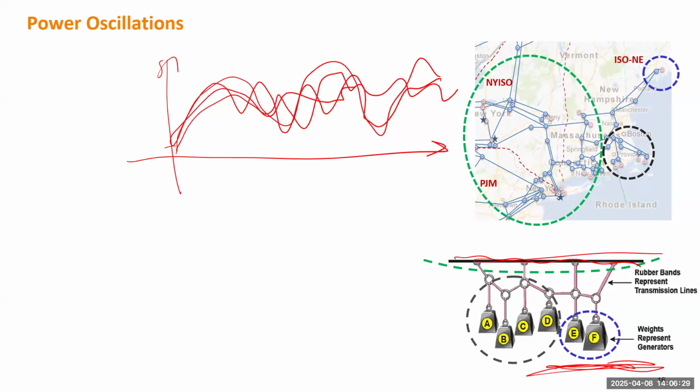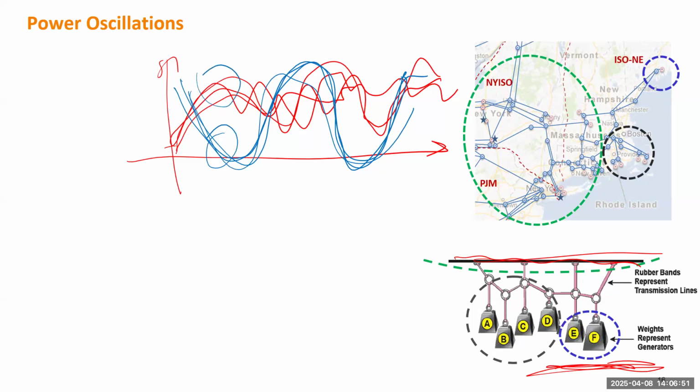There could be another set of generators that behave as a different group. So the entire system is synchronous. No generator becomes out of step, but it somehow forms some coherent groups. So maybe we can reduce the system based on the coherent groups, and then study the oscillation between those groups.